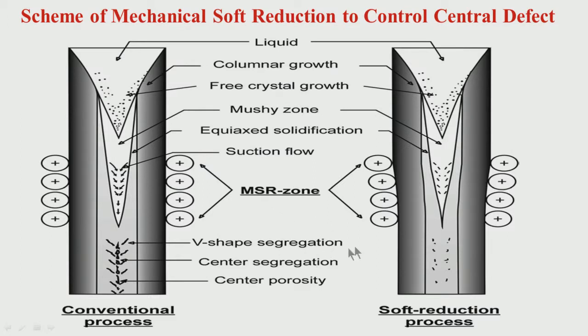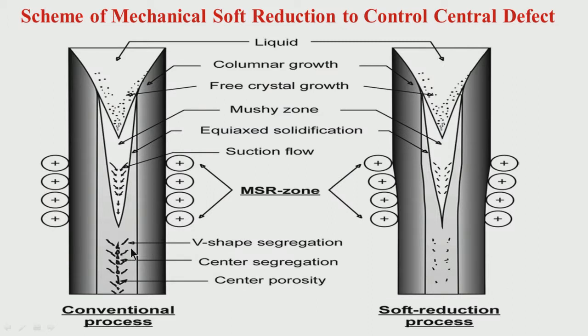The segregation and porosity at the center area are coming down, the intensity is coming down. Instead of a pronounced central line, it is getting distributed. So the effect of soft reduction is to control the level of segregation and crack at the central line.